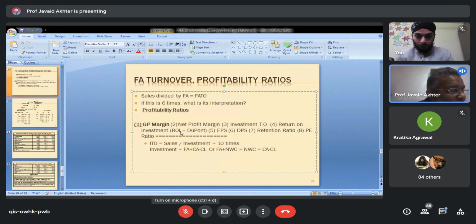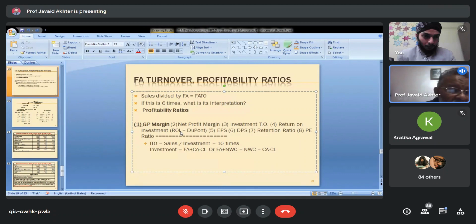DuPont is a well-known, very renowned company, producing from Pinto aeroplane. This company started using this kind of analysis about 50-60 years ago. So at times this analysis is also known as DuPont analysis. ROI, return on investment, or DuPont analysis. I'll explain to you this analysis in detail.